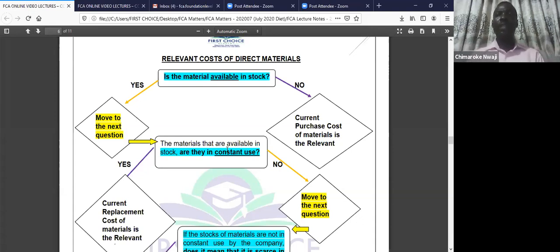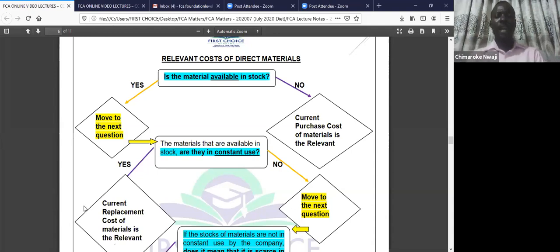If you are working in a factory where they make bread, you find out that flour is being used constantly. So if you are doing a one-off contract for somebody, and you want to convert the use of flour for bread and use it for cake, you ask yourself, are we using this material constantly?